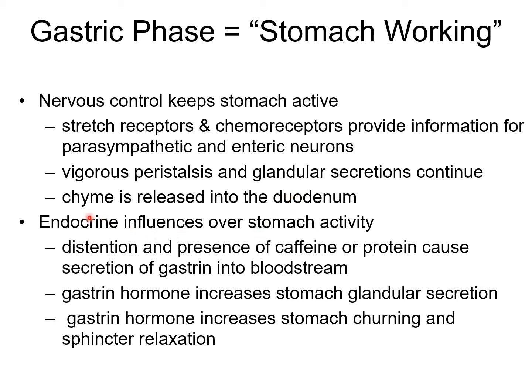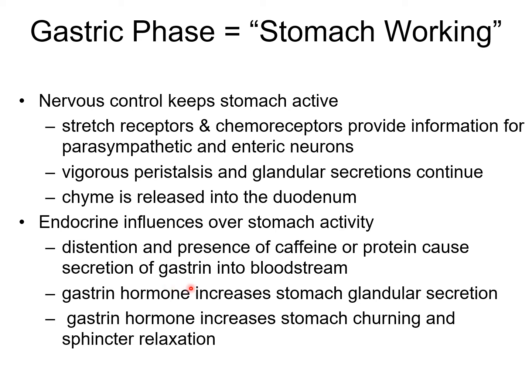We do have a hormonal influence portion here too. When we mentioned the stomach quite a few slides ago, we mentioned that some cells of the mucosa produce the hormone gastrin. This is not an enzyme.